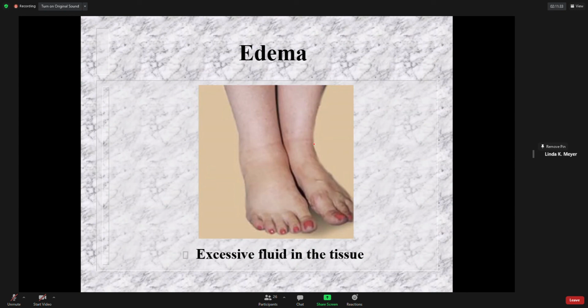This may be a common manifestation of congestive heart failure. The heart's just not pumping the blood properly, and the fluid dynamics in the body change such that excessive fluid in the tissue accumulates. So in congestive heart failure, this edema is not part of inflammation.